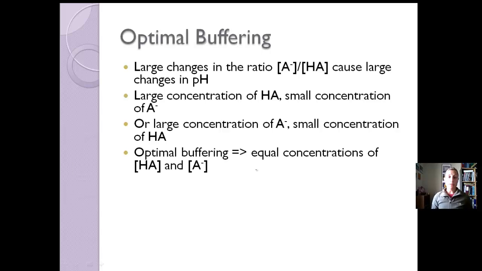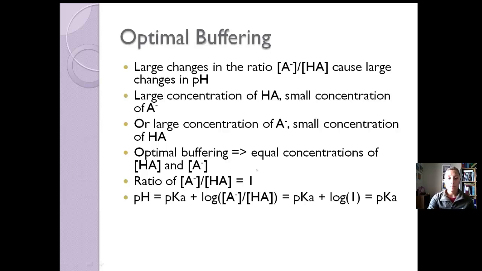We want optimal buffering. So the best way to have optimal buffering is to have equal concentrations of both the weak acid and the conjugate base. And if those are equal and we put them together in our ratio, that means that our ratio is equal to 1. So the best buffer you can have has a ratio equal to 1. Well, if we take this and use it with our Henderson-Hasselbalch equation, we can see that if we make this ratio equal to 1, that gives us pKa plus log of 1.